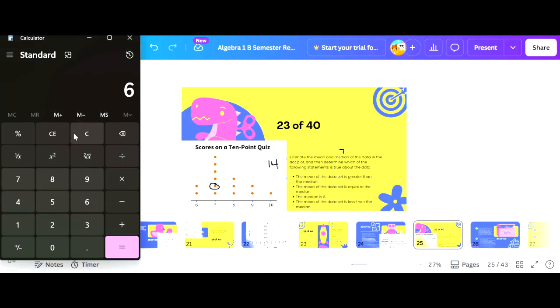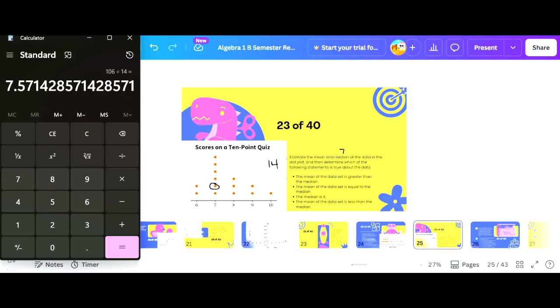You have to go 6 plus 6 plus 7 plus 7 plus 7 plus 7 plus 7 plus 7 plus 8 plus 8 plus 8 plus 9, 9 plus 10. And then you divide it by how many there are. Okay, that didn't work. Just a second. Oh my goodness, I punched in the wrong number. Oh my gosh, guys, give me just a second.